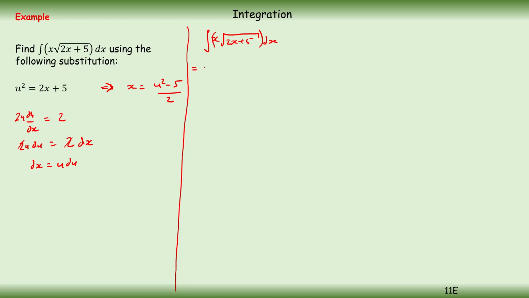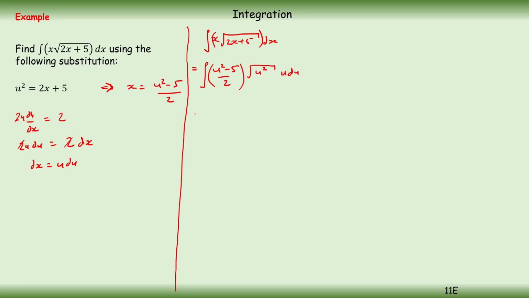And that's equal to the integral of x, u squared minus 5 over 2, times the square root of u squared, and dx is u du.